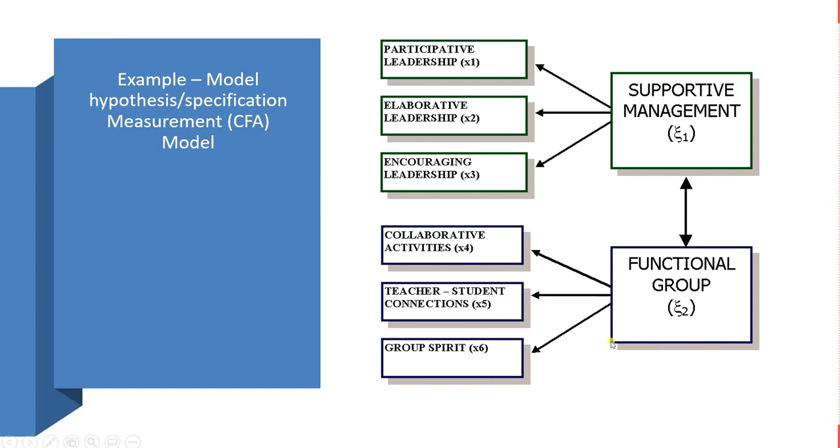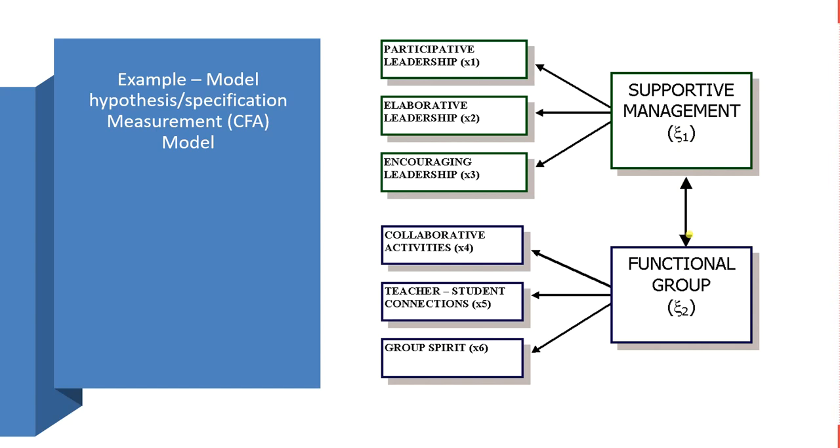And I have not identified the model. This is model specification. And we also assume that these two latent constructs are interrelated with each other. They are co-varying with each other. This is an example of a specification of the measurement model or the confirmatory factor analytic model.